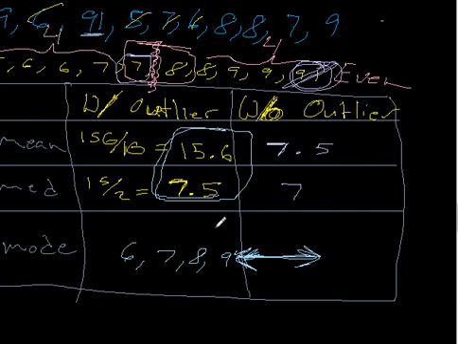Guys, which set of data would you want to use to represent the average, especially in comparison to the average of the group? Which one makes more sense? What's that, Cooper? Why do you say that? Give me an example of how it would make more sense.